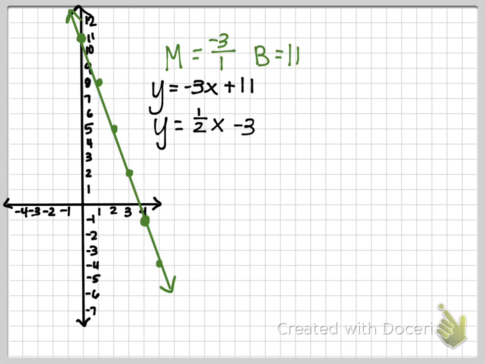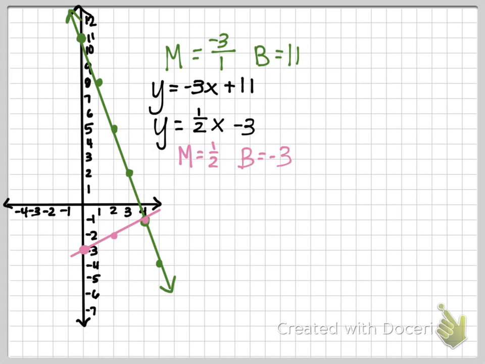So the next equation. What is the m of this equation? 1/2. What is the b of this equation? -3. So where am I going to go first? Down 3. And then I'm going to go up 1 over 2. Up 1 over 2. Oh, ding, ding, ding. Have I found the place where they're going to intersect? So I'm just going to draw my line through.